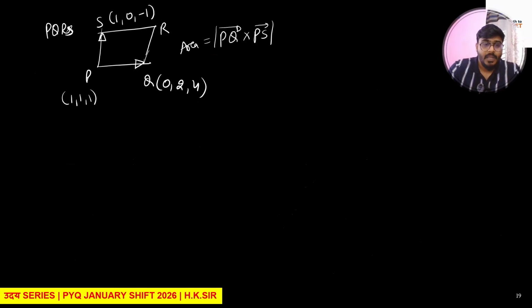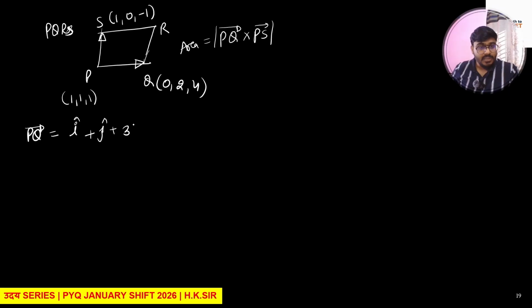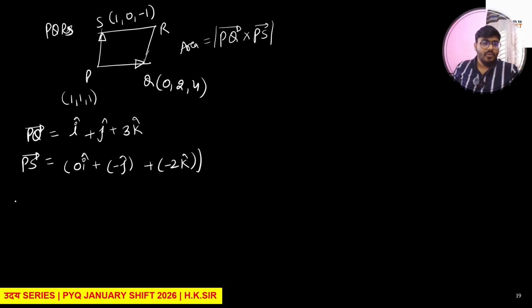Okay, fine. Now if they are asking area, we have to find the PQ vector and PS vector. What is PQ vector? PQ vector is minus 1 i cap, plus 1 j cap, and 3 k cap. What is PS vector? PS vector is 0 i cap, minus j cap and minus 2 k cap. Now find PQ cross PS.